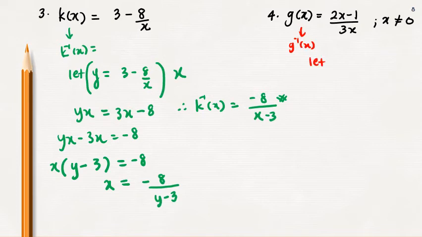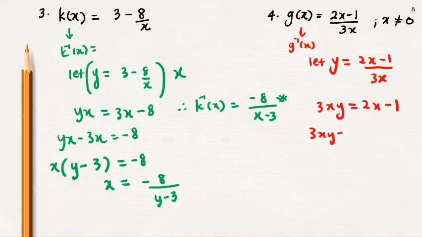So let y equal to 2x minus 1 over 3x. So macam mana kita nak buat? Okay, so jangan risau. Okay, kita let dulu. Let y ni dah buat. So 3x ni bawa dulu dekat y. So dia akan jadi 3xy is equal to 2x minus 1. Rearrange dahulu. 3xy minus 2x is equal to negative 1.